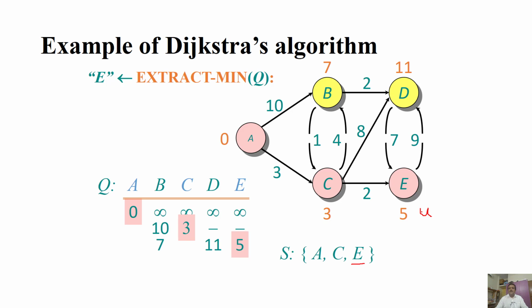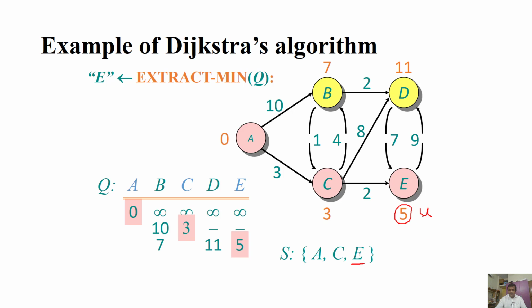Once it is added in S, the key value of that vertex is basically the delta of S comma U. That is what we need to prove. Once we have added a vertex in S, for that vertex we are done.